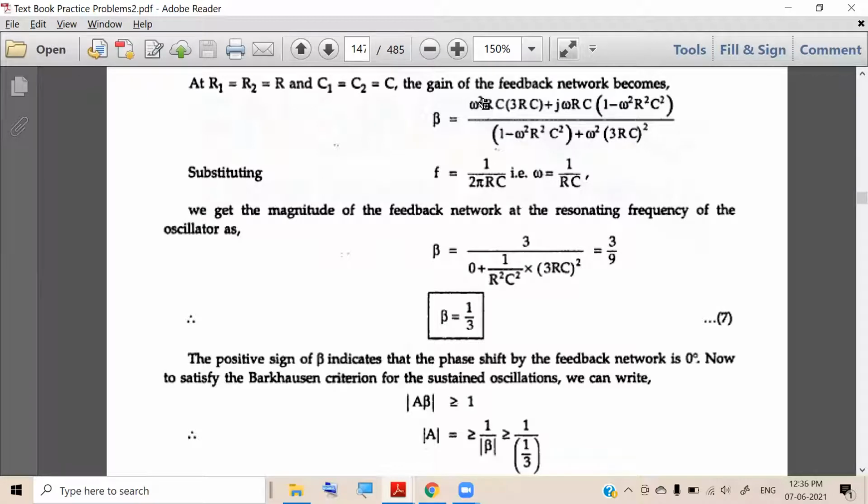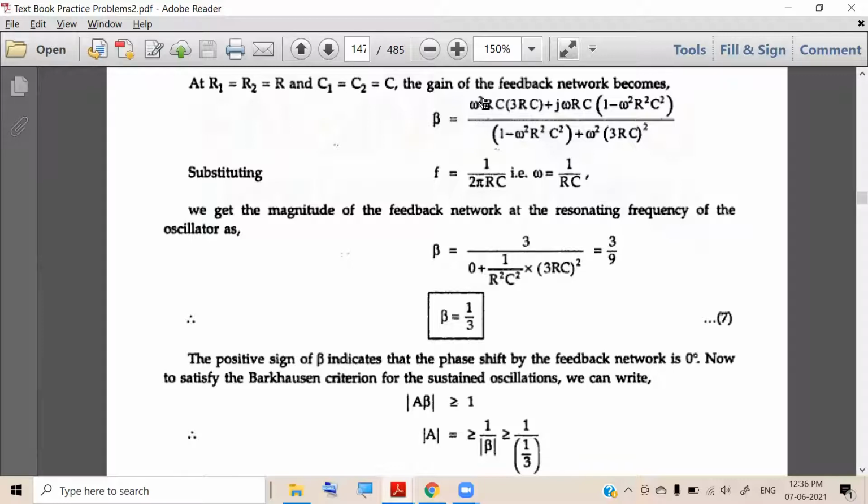Then what is the next discussion we have to have here? We have just now discussed the value of beta, and we got beta as 1 by 3.